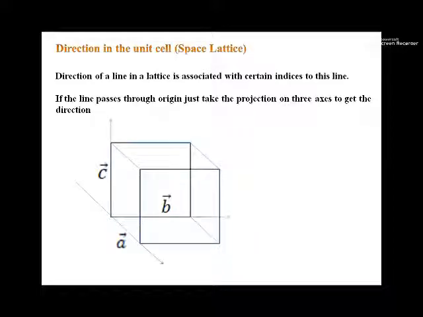Now take these 3 directions, which obviously I have chosen as the 3 axes in my previous case. So this is obviously 1 0 0, the x-axis, this is obviously 0 1 0, the y-axis, and this is 0 0 1, the z-axis.